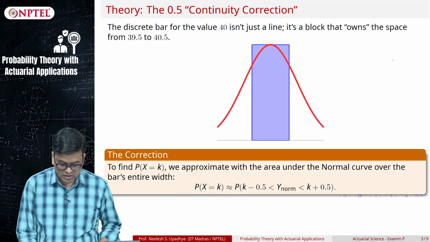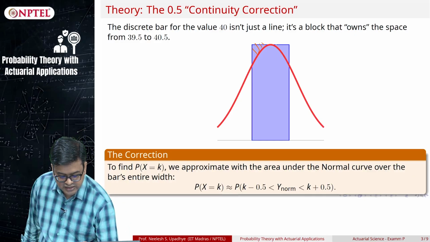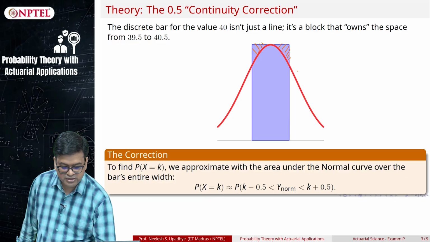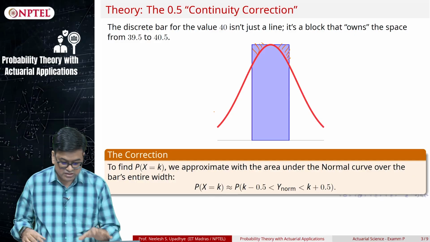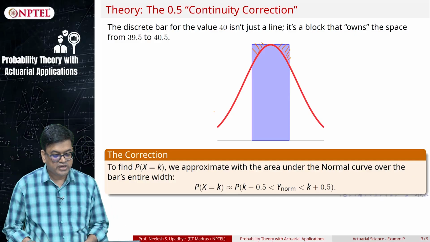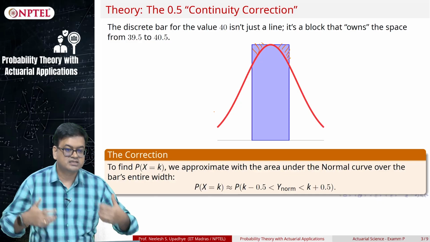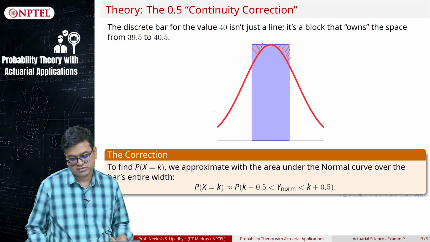That accounts for the missing probability, the area above this. This will come into the area that is covered below this. With this understanding, we can correct the approximation of discrete values with continuous distributions.